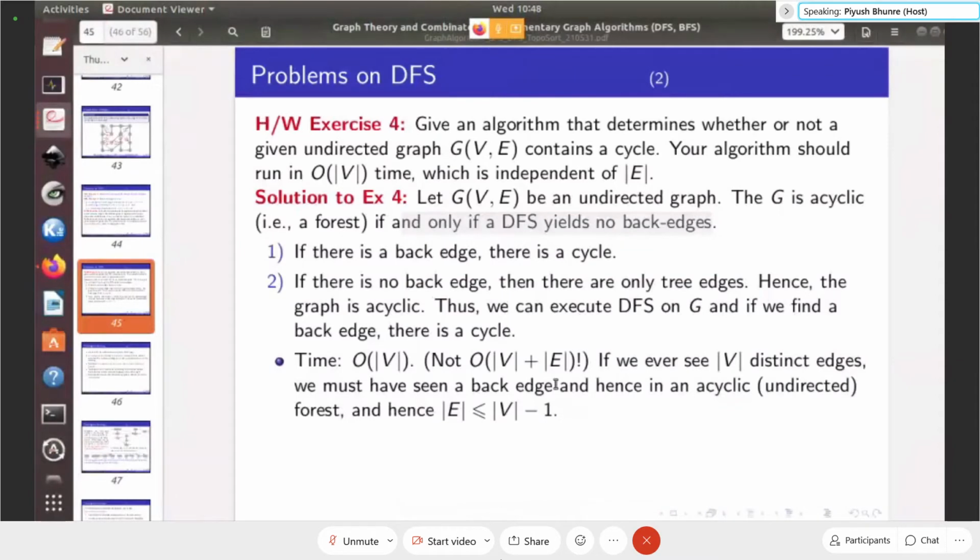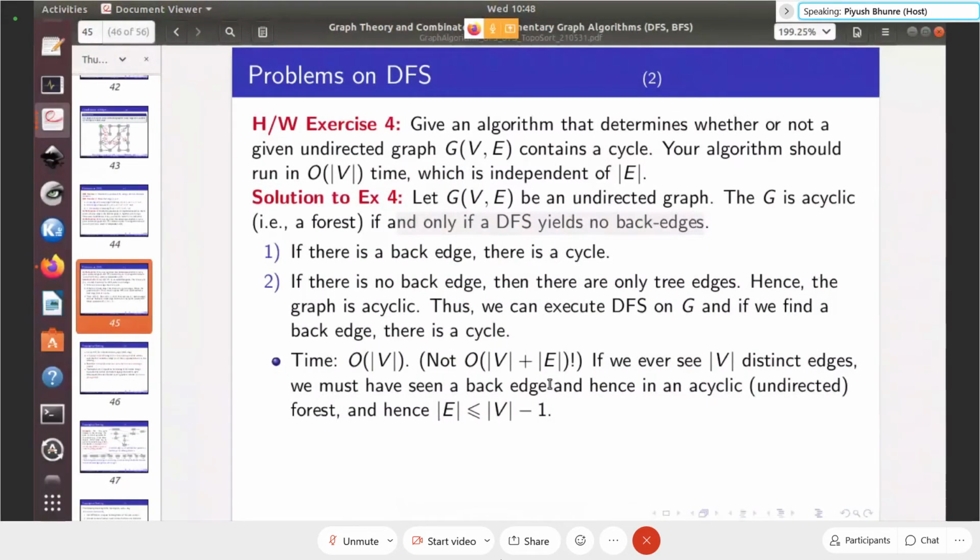So here, a back edge means there is a cycle. If there is no back edge, then there are only tree edges, hence the graph is acyclic. Thus we can execute the DFS on G, and if we find a back edge, then we can report that the graph is not acyclic.